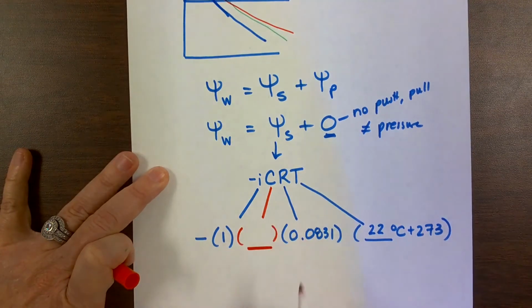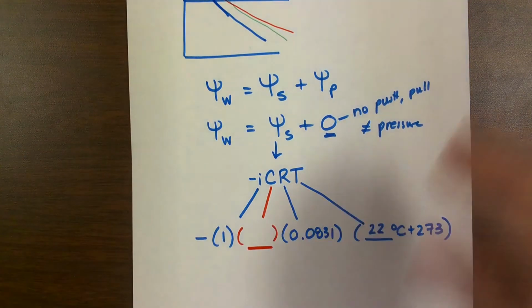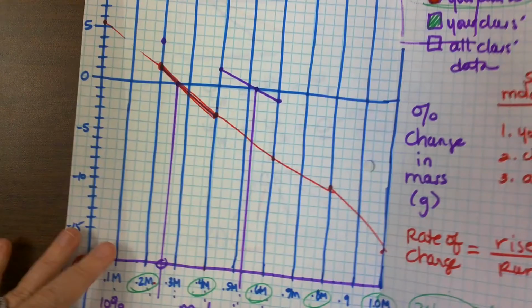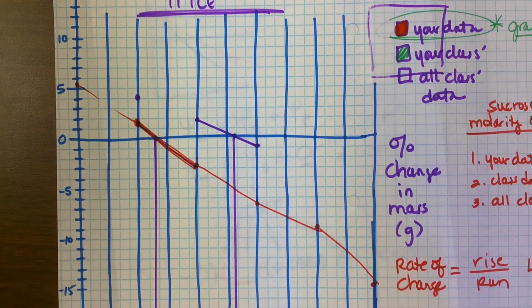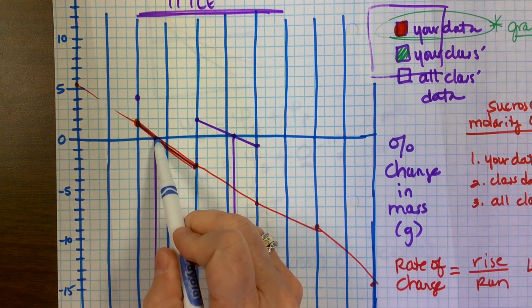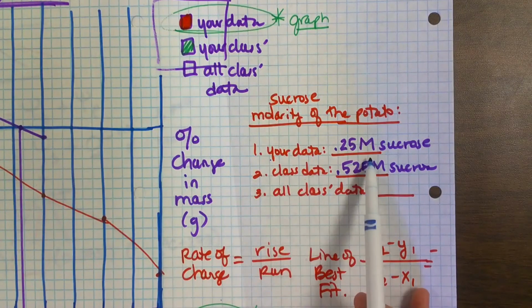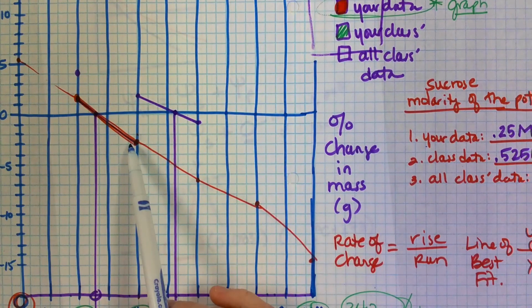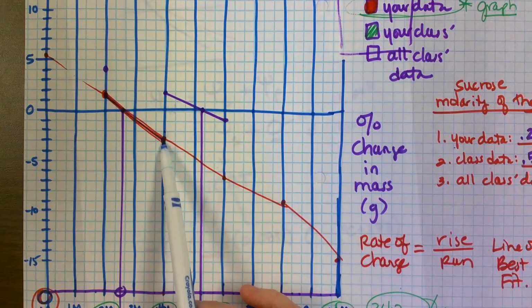Okay, so we're going to go to our graph. And I'll just use this one that I made up. And this person's molarity, based on their graph, based on where it crossed from positive to negative percent change, it hit 0.